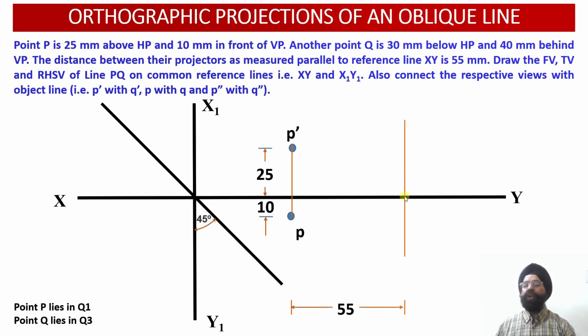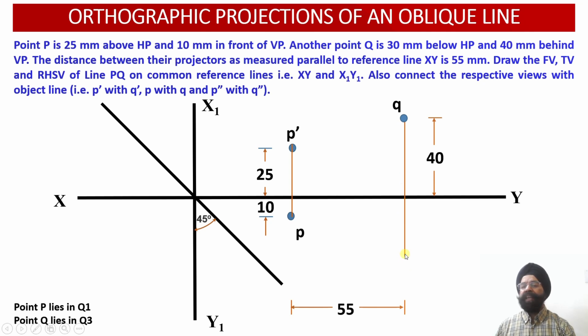Since this point Q lies 40 millimeter behind the vertical plane, we have to plot this point Q at a distance of 40 millimeter above the XY reference line. So point Q has been located. Wherever point Q has been located, point Q dash will be located onto the same vertical projector line.